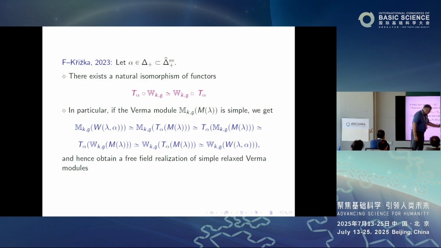It means that whenever we have this fancy W, we have a free field realization of something that has on the top part the module obtained by localization. So what we get is a free field realization of simple relaxed highest weight modules.